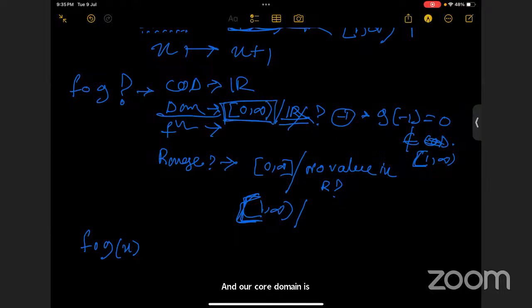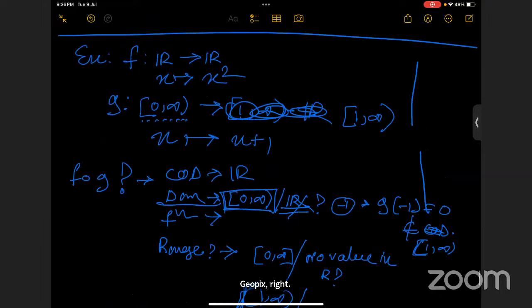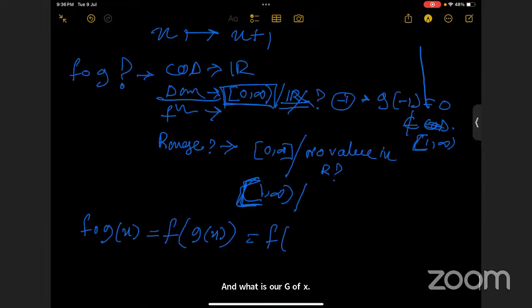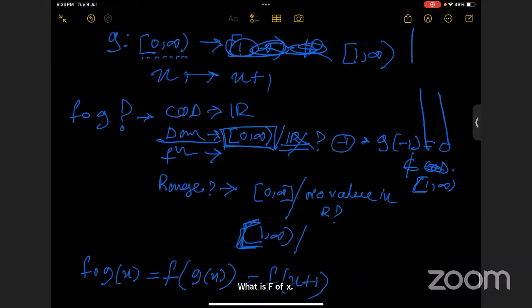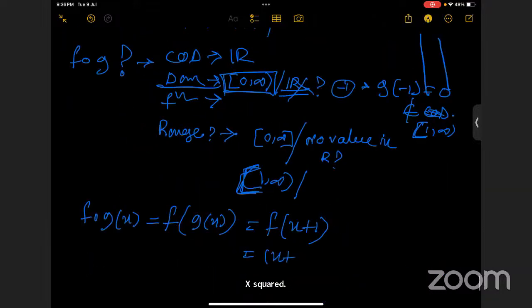Now we can calculate the function. This is f of g of x, and g of x is x plus 1. f of x is x squared, so it will be (x plus 1) squared.